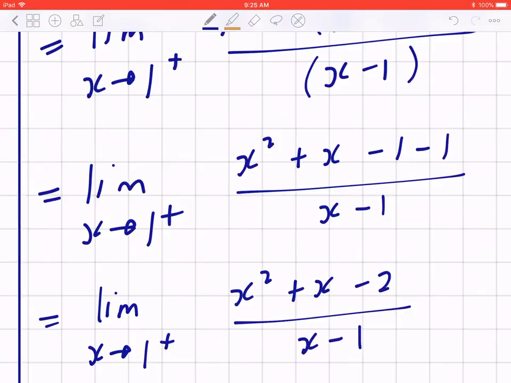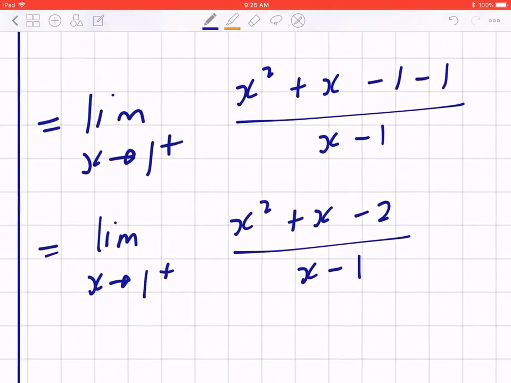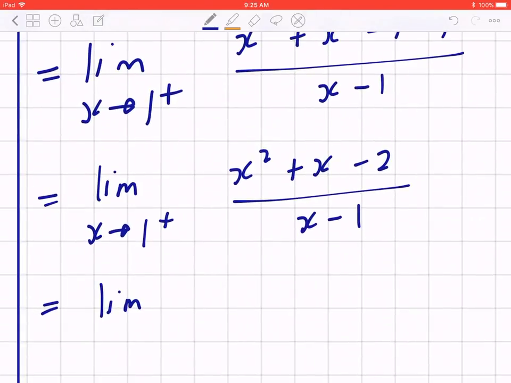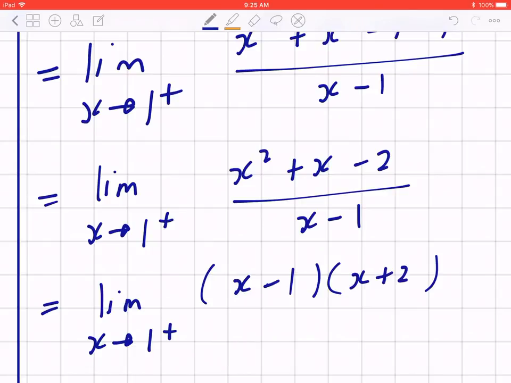I'm thinking about factoring, and when you factor the numerator, this would give you the limit as x is approaching 1 from the positive side. This is simple factoring. One of them is going to be x minus 1 times x plus 2, all over x minus 1.